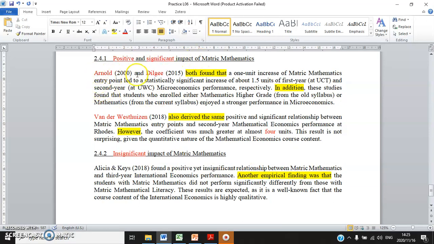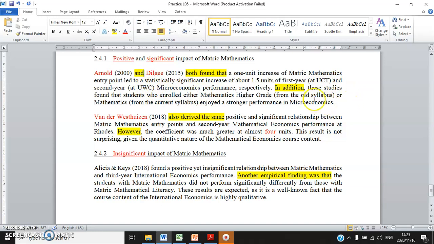So Arnold 2000 and Dewey 2015, you see I'm showing the integration or synthesis. Both found that a 1 unit increase of matric maths entry point led, you see I adopt the past tense, led to a statistically significant increase of about 1.5 units of first years at UCT and second year at UWC micro performance, respectively.